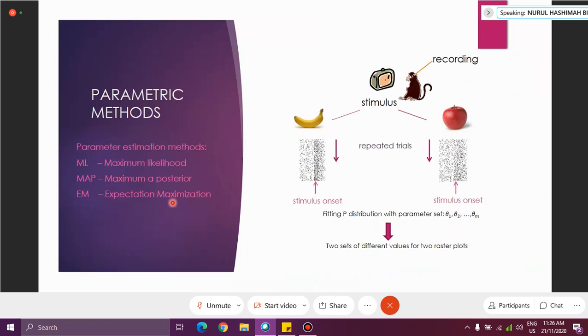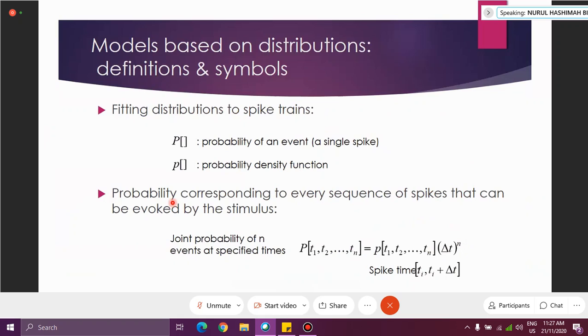And some important points for interpretation. It has nothing to do with the parametric method itself, but it is some notation that is important for interpretation. So, models based on distributions: definitions and symbols.